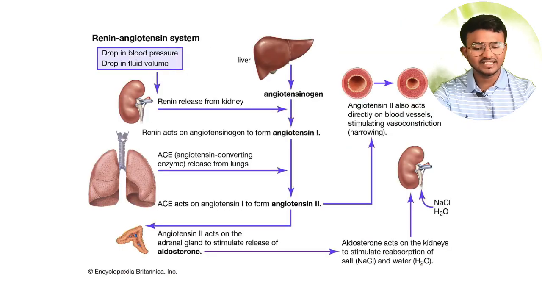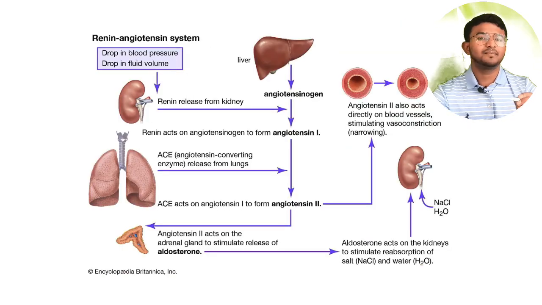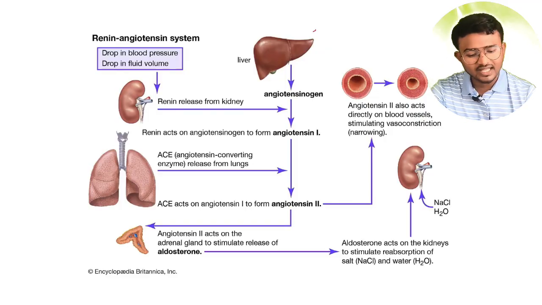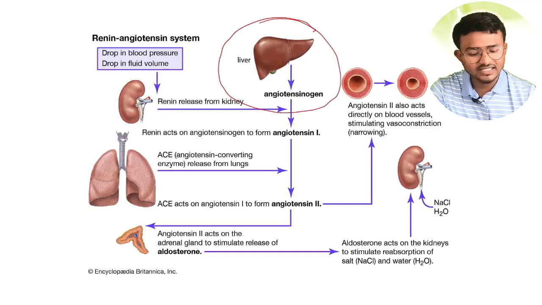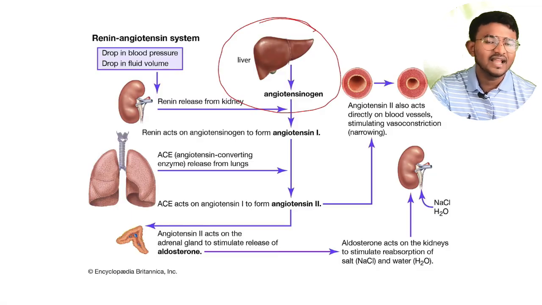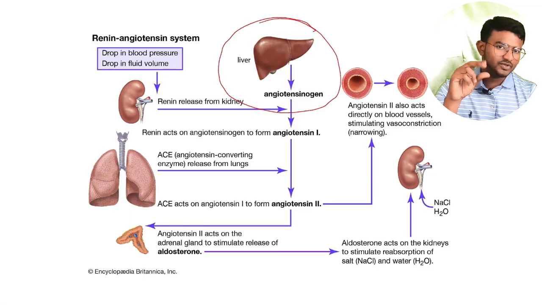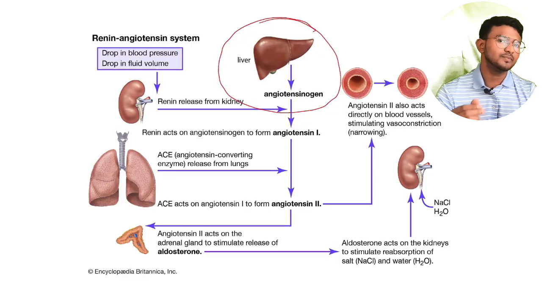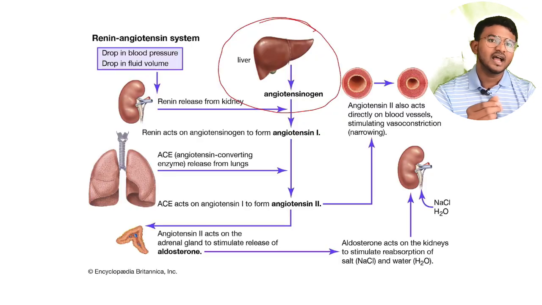If you look here, whenever the blood pressure drops or the fluid volume reduces, the liver will release angiotensinogen. The RAS mechanism will activate. The angiotensinogen is released from the liver, and in the kidney, whenever the blood pressure is reduced, in the nephrons, we can see the juxtamedullary arteries and medullary cells.